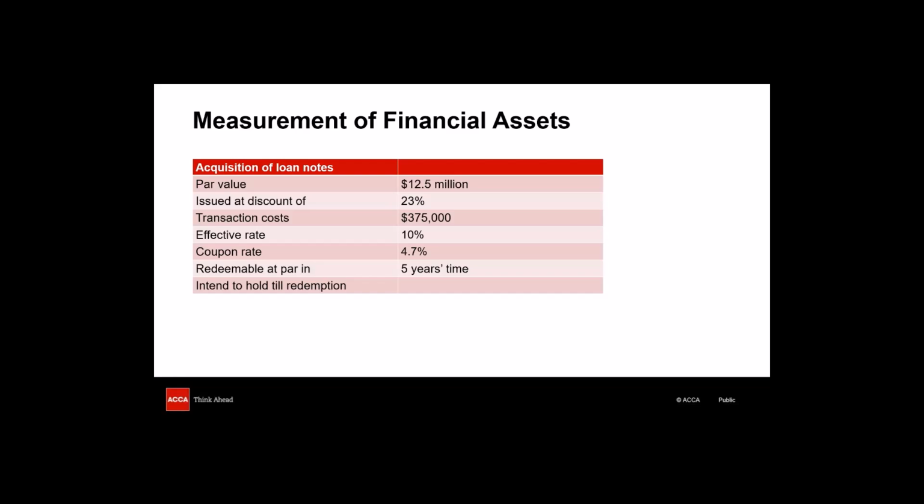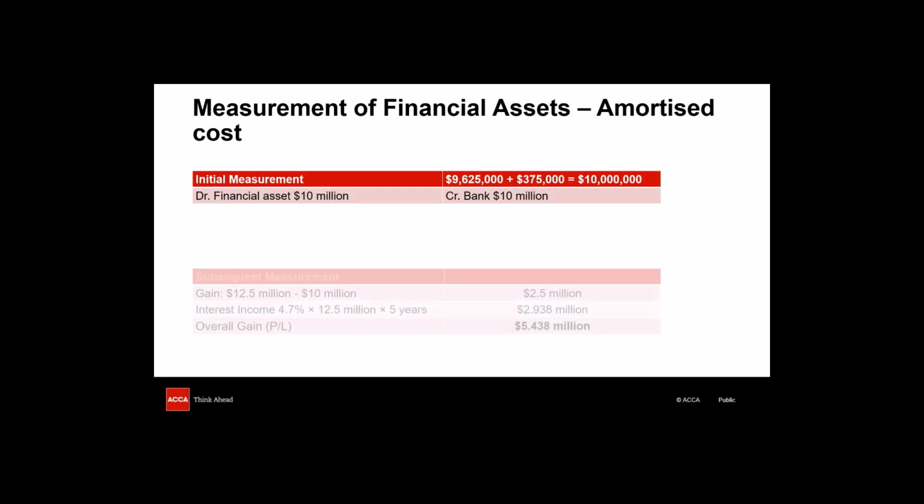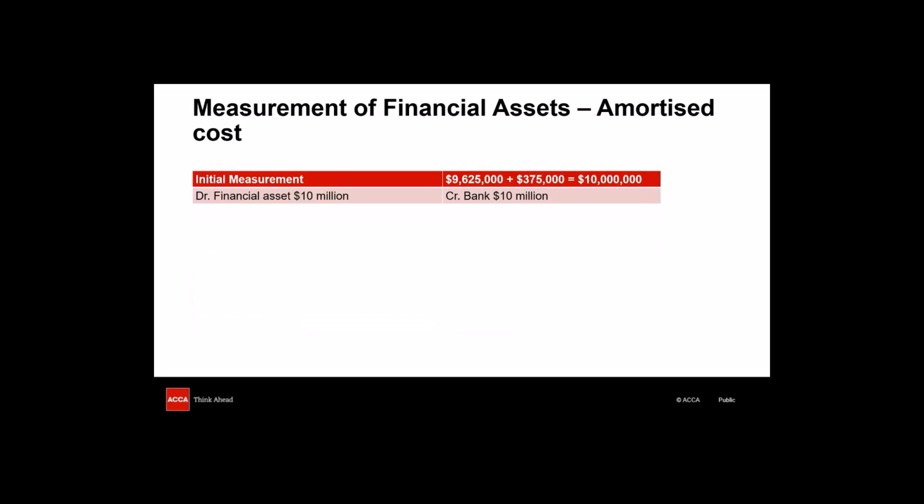Now let's do the calculation part of this working. Let's see the initial measurement first. In case of initial measurement, we know that this is held at amortized cost, so the transaction cost needs to be added to the initial proceeds. 9,625,000 is what we calculated by applying 77% on 12.5 million, because there was a 23% discount on issuance.